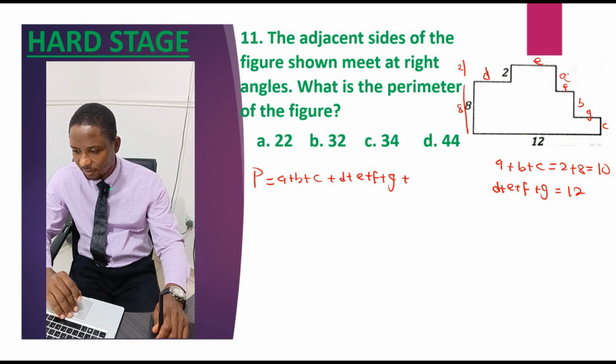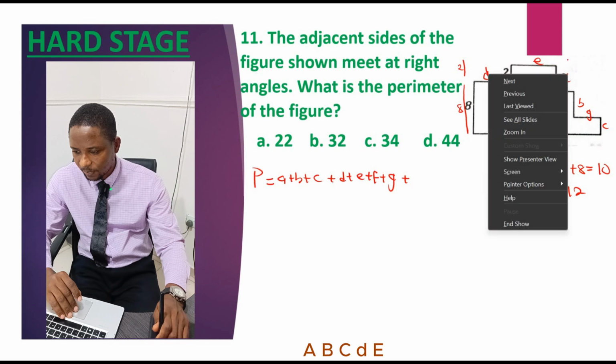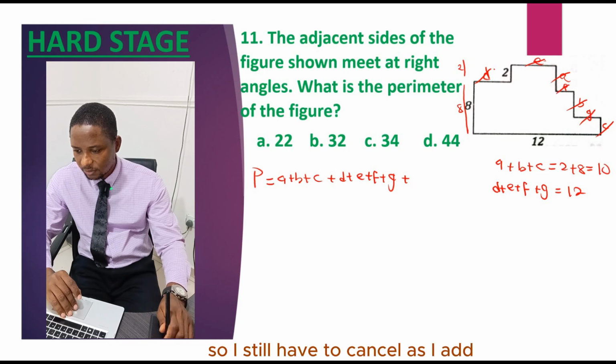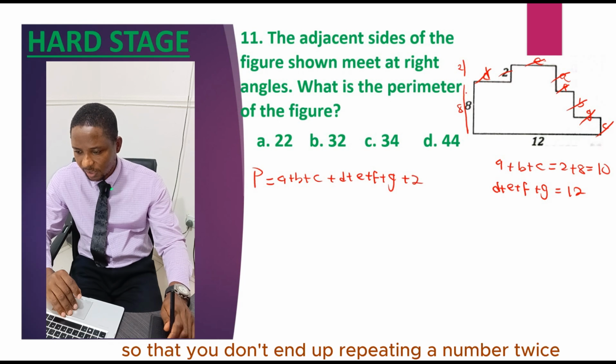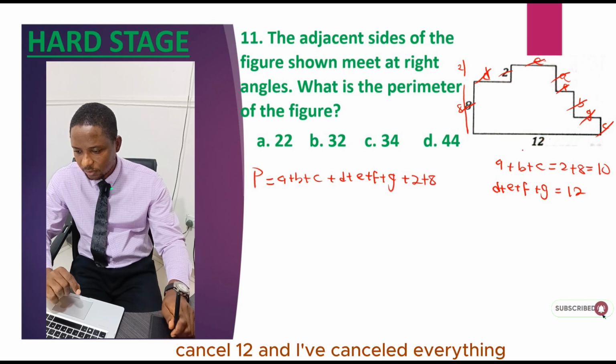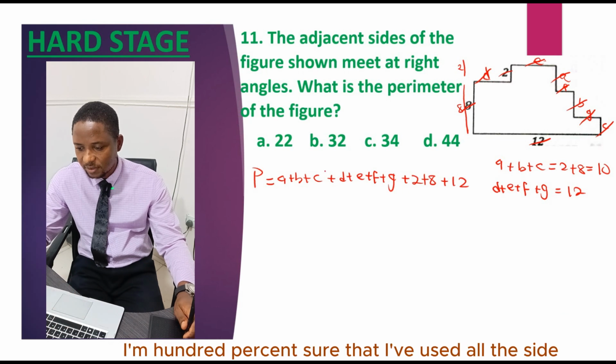I've added A, B, C, D, E, F, G. So I still have 2. Cancel as you add, so that you don't end up repeating a number twice. Cancel 8, cancel 12, and I've cancelled everything. So I'm 100% sure that I've used all the sides.